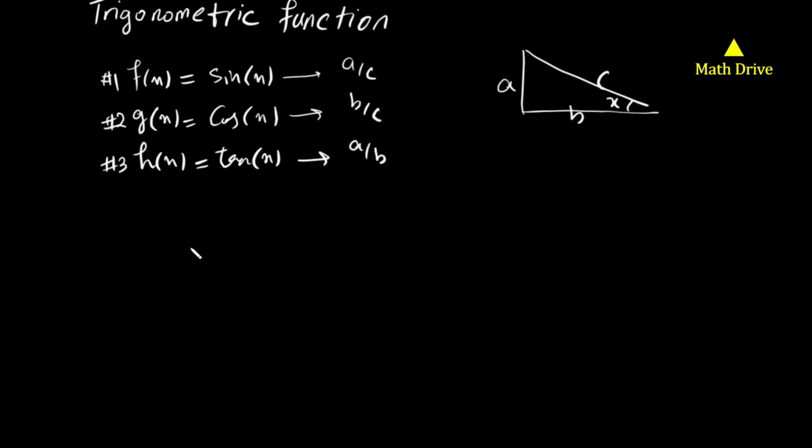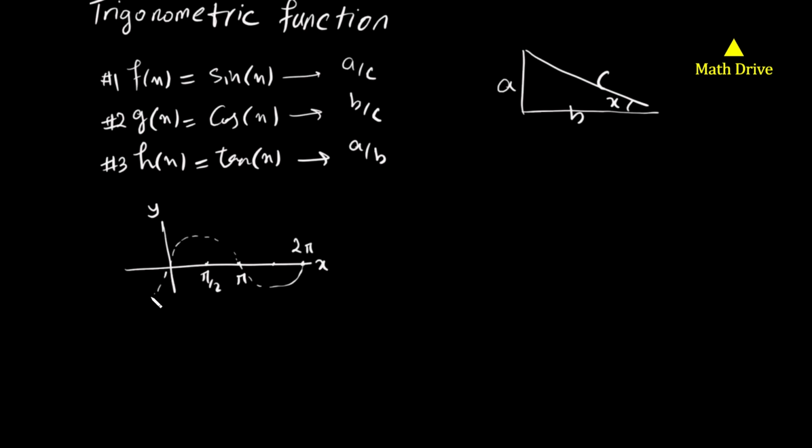Number one, the sine function. If this is x and y, the sine function is going to be, at pi over 2, something like this. Basically the sine function, as I mentioned before, is a periodic function, and the fundamental period is 2 pi.